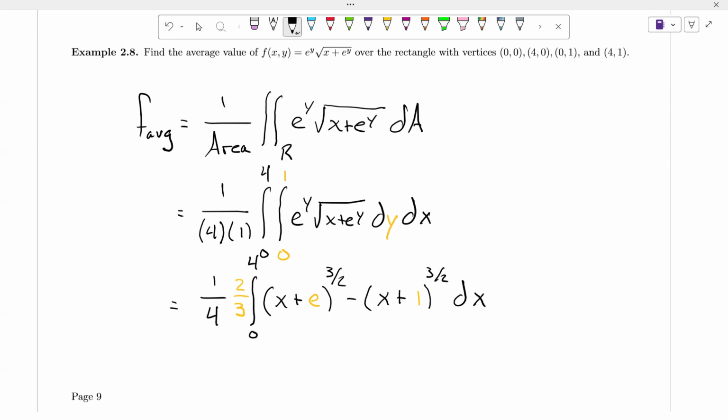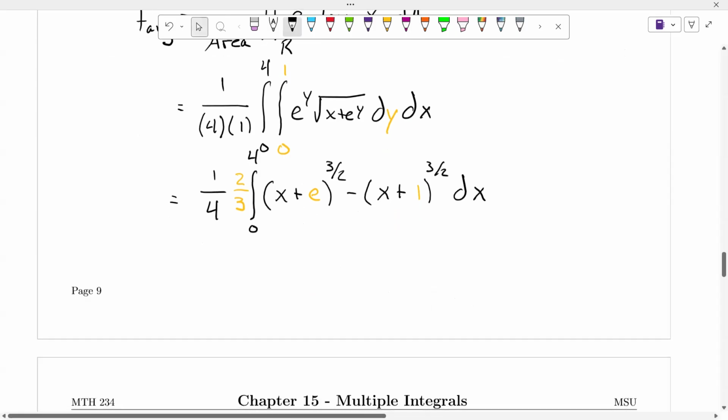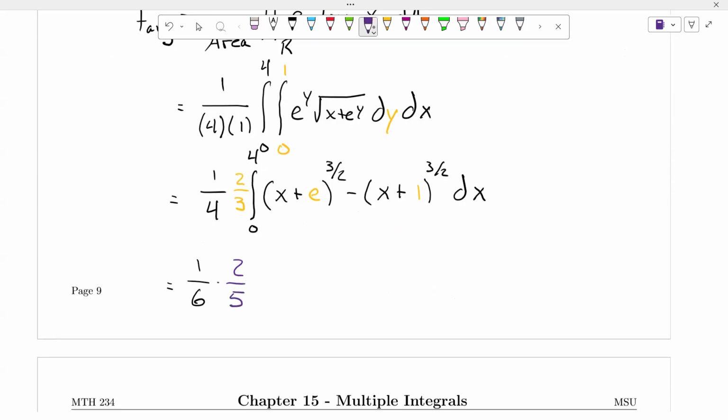And then I need to integrate this thing from 0 to 4 dx. And it looks like both of those things get integrated to the 5/2 power, which means I'll need to multiply by 2/5 and start plugging some things in.